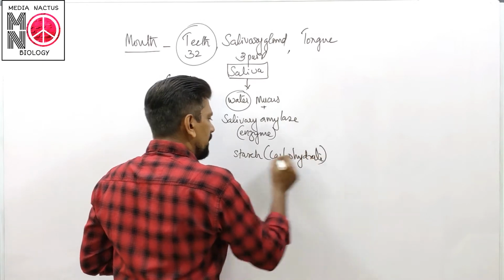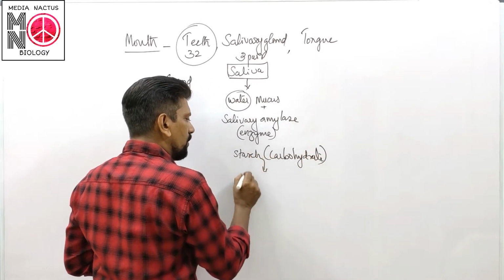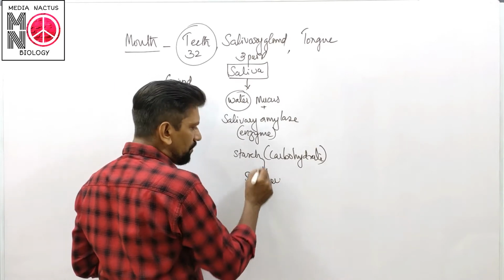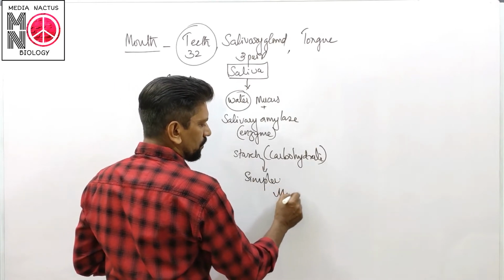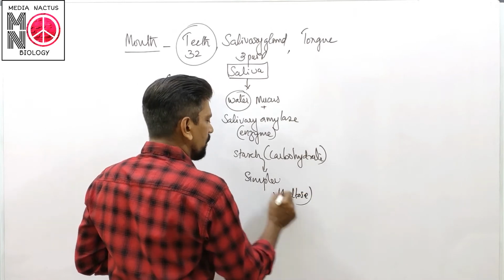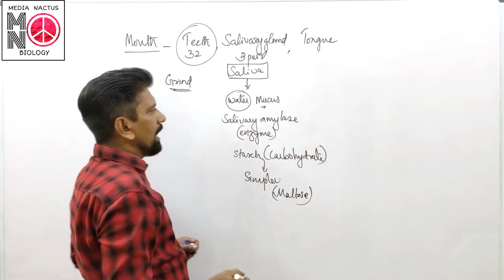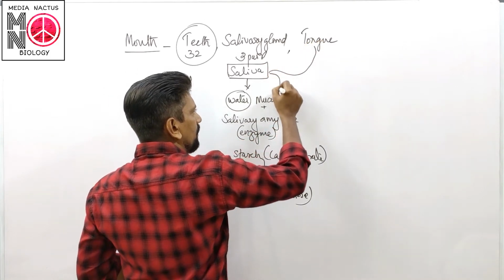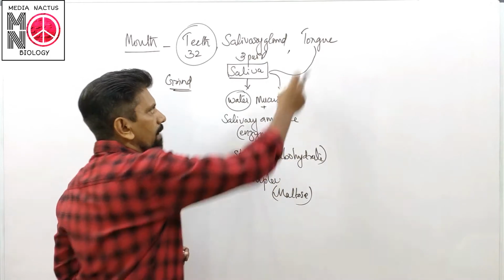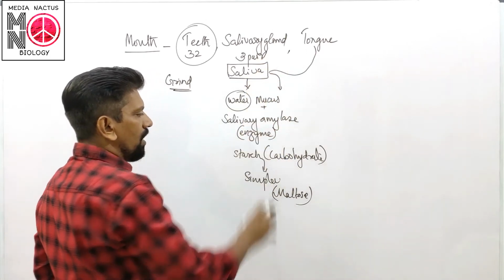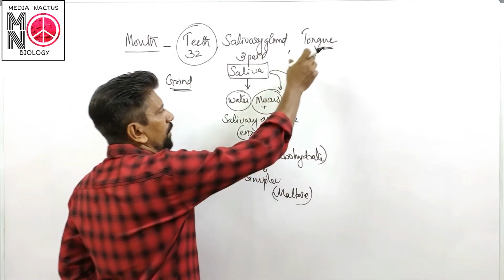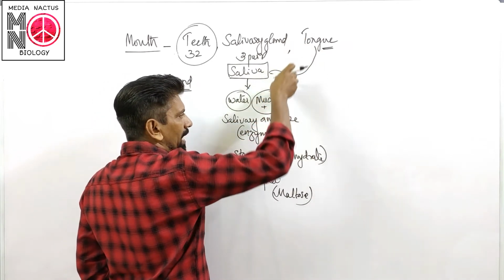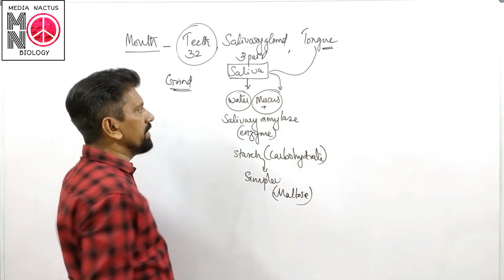So the starch is converted into a simpler form, mainly maltose. The tongue helps to mix the saliva with the food particles, so that the food mixes with the saliva and passes toward the next region.